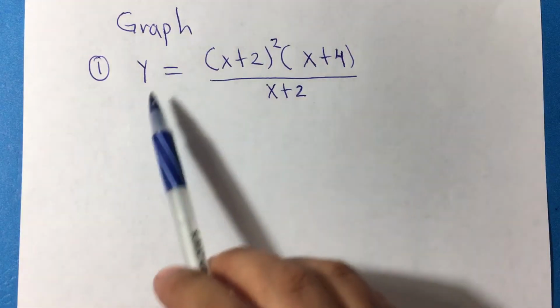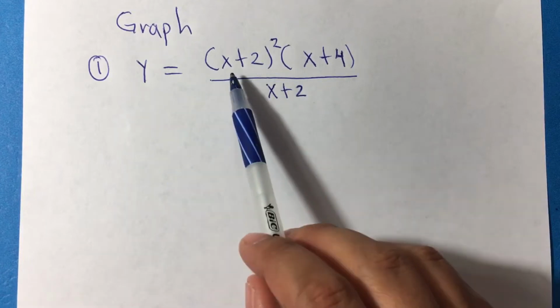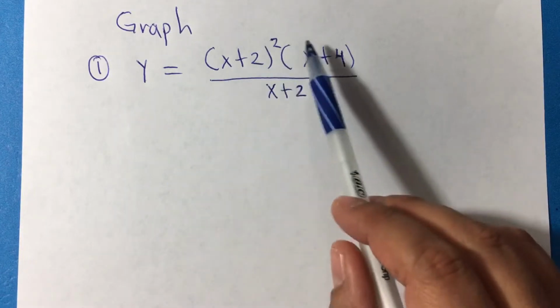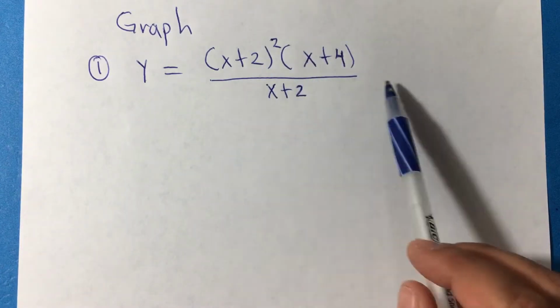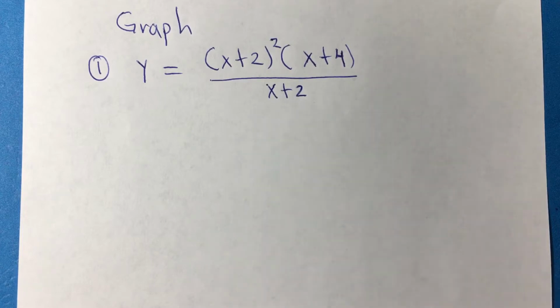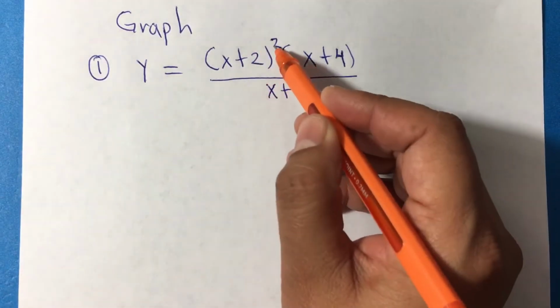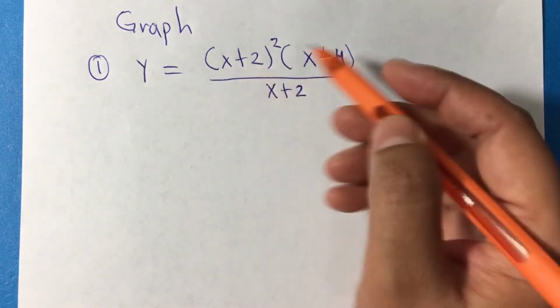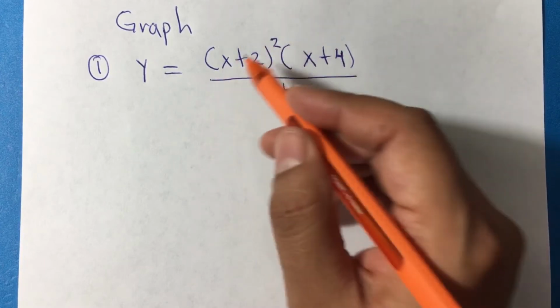For number 1, it says graph, and we have y equals (x plus 2) squared times (x plus 4) all over (x plus 2). The first thing that we need to do is you can either expand it or just know that one of these two will cancel with this one because it's the same factor.